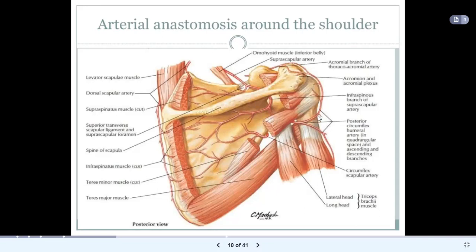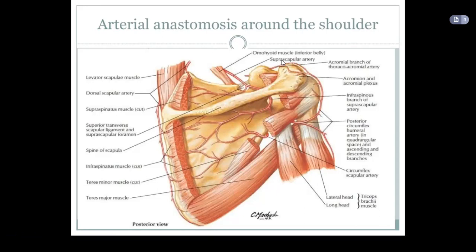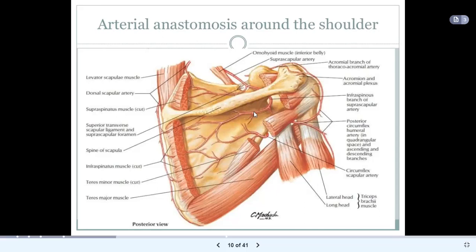So posterior circumflex humeral artery, anterior circumflex humeral artery on the other side, subscapular artery, and then the suprascapular artery and the transverse cervical artery, which also could not be captured in this diagram. So if we look at the anterior view of the scapula, we'll be able to identify the other blood vessels.